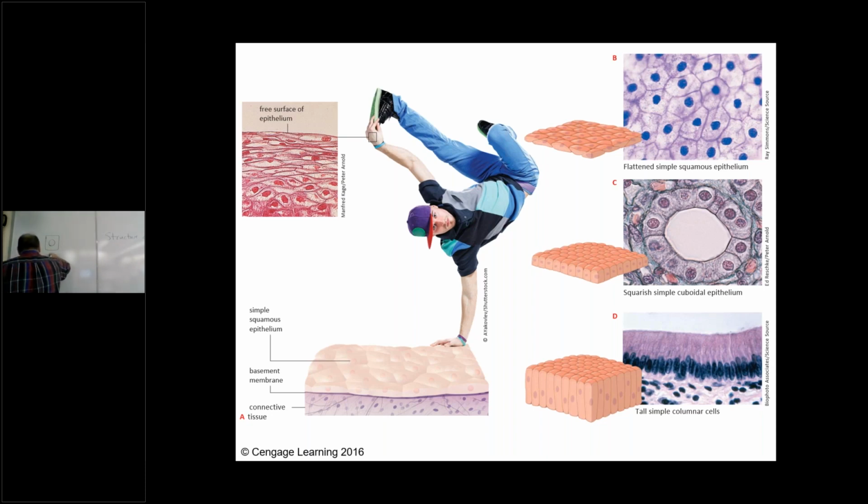This would be called cuboidal because it's cube shaped. And this would be called columnar. It's column shaped, it's rectangular. And remember, whenever I draw something like this, the N represents the nucleus, okay? The nucleus of that cell, right?